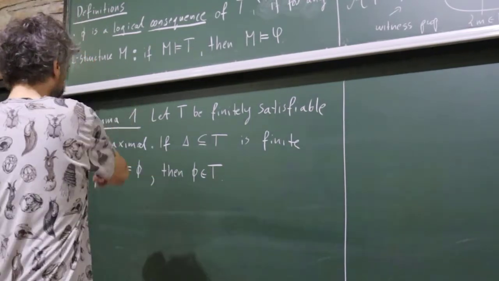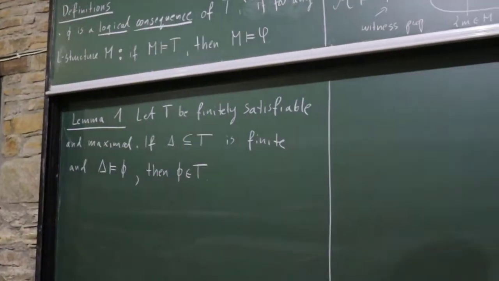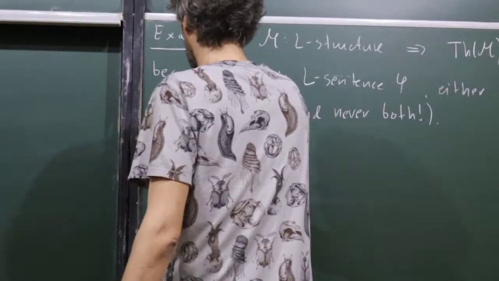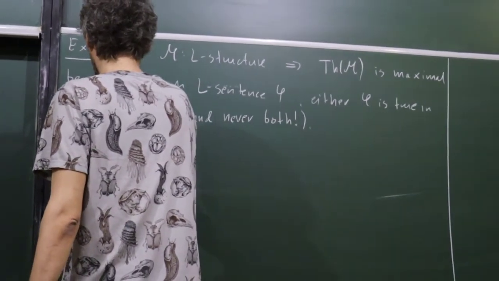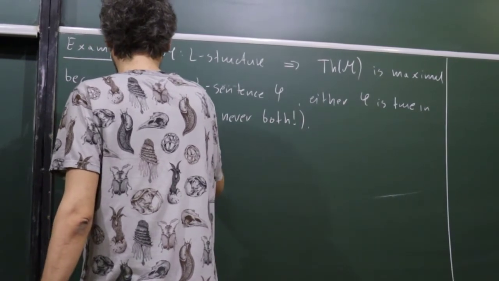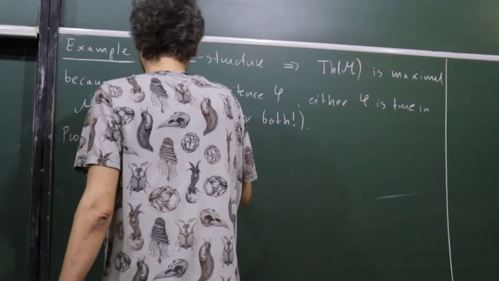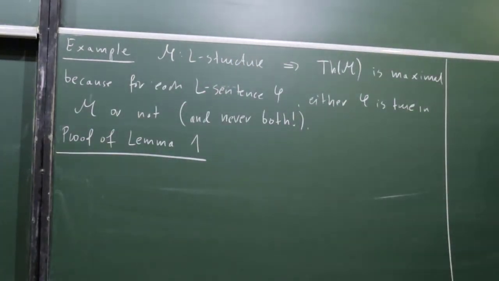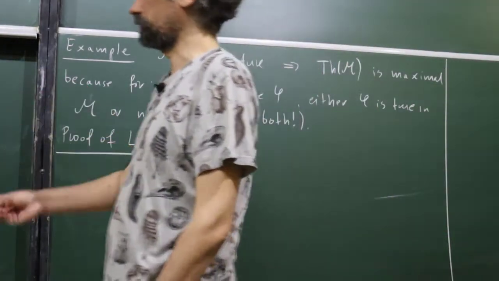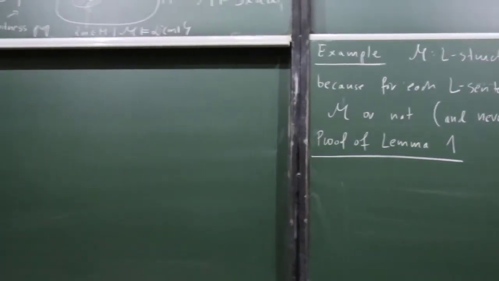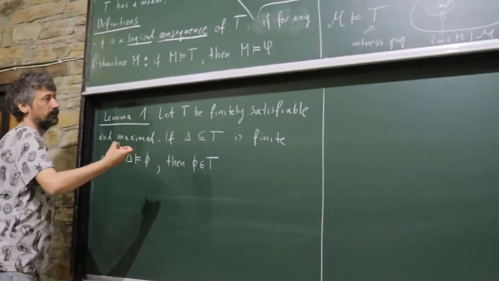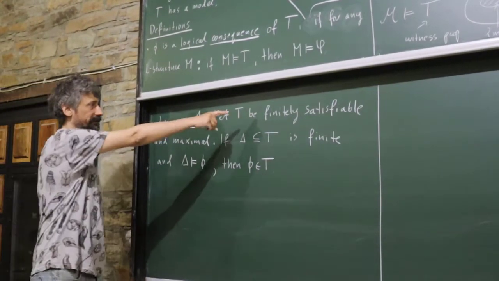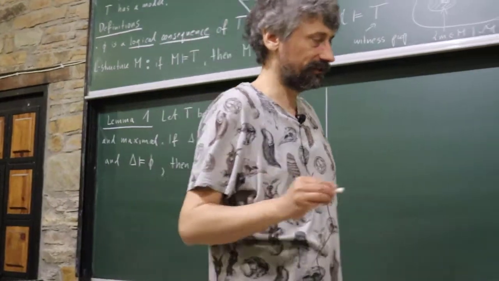Here I will keep the statements, here I will do the proofs. That's my plan at least. So proof of Lemma 1. Assume it's not true, and we will find a finite subset of T which doesn't have a model, contradicting that T is finitely satisfiable.